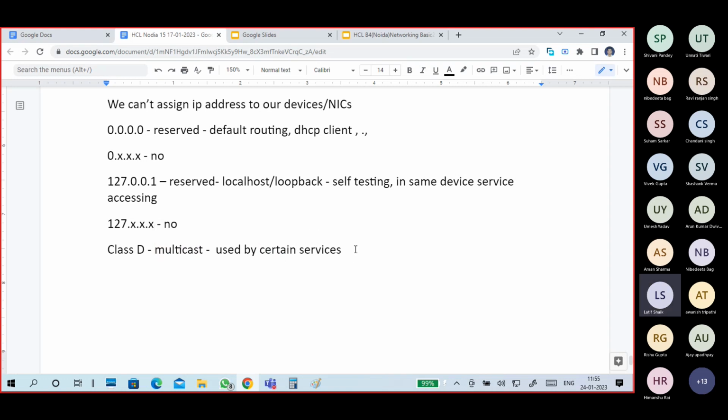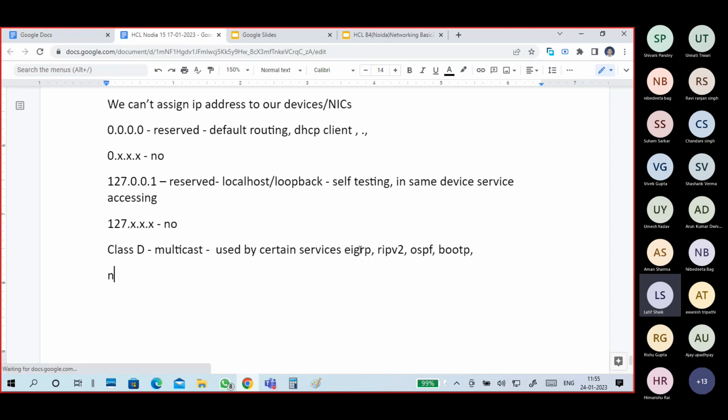Certain services. For example: EIGRP, RIP version 2, OSPF. They are all using multicast IP addresses.